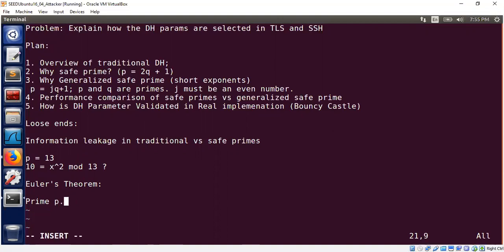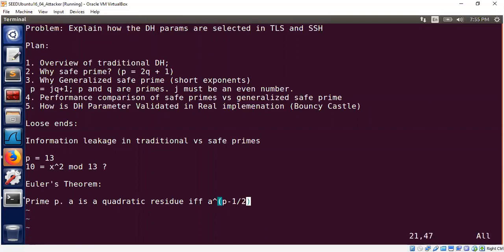He said like this: if P is a prime, then a number A is a quadratic residue if and only if A power (P minus 1)/2, where (P minus 1)/2 is an exponent, right?